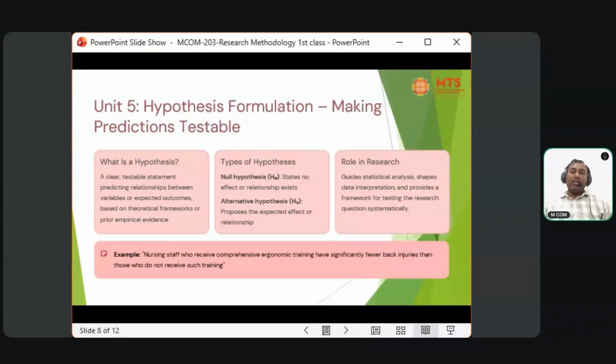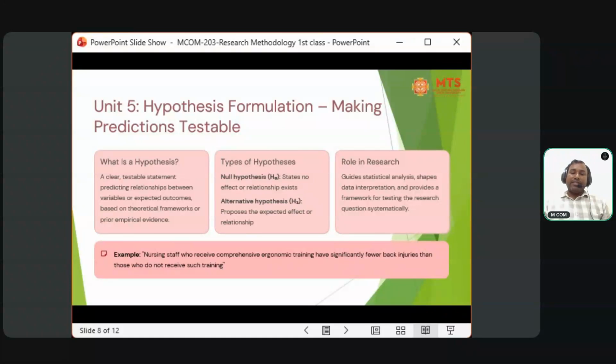And what is the actual importance of research methods? Research methodology is important because it provides a clear direction for research, ensures scientific accuracy, helps in testing hypotheses, improves decision making, and produces reliable and valid results.